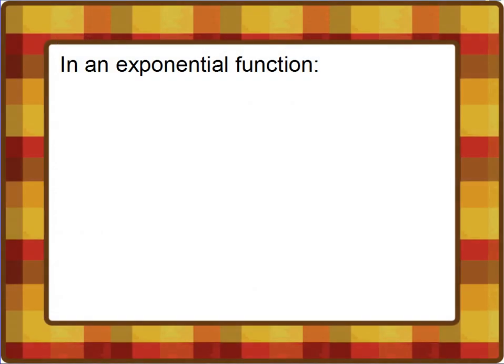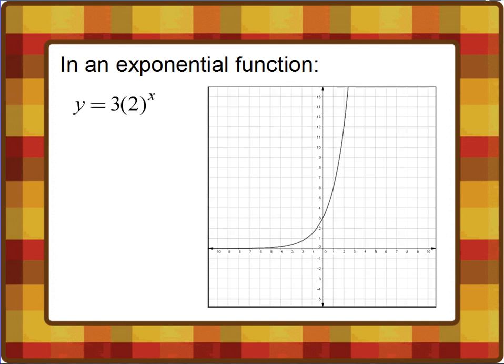Again, in an exponential function, let's take a look at what happens. We're going to have that same parent function, y equals 3 times 2 to the x. If we're subtracting inside a function, remember that we're only subtracting from the x value.